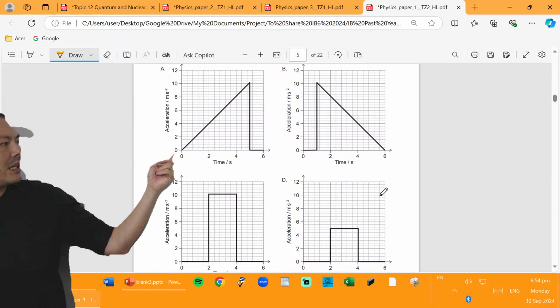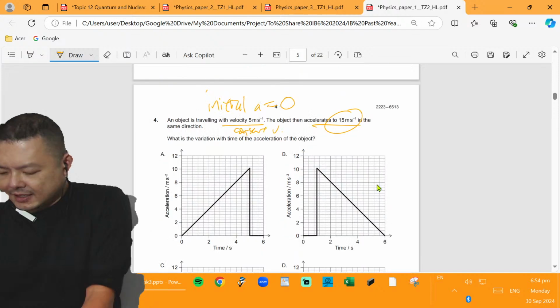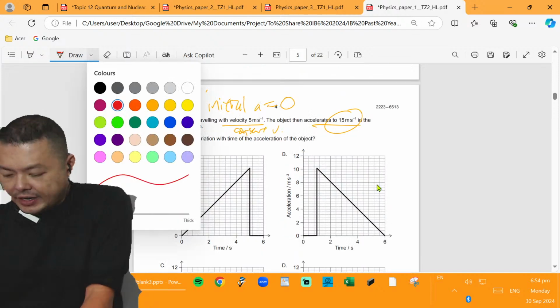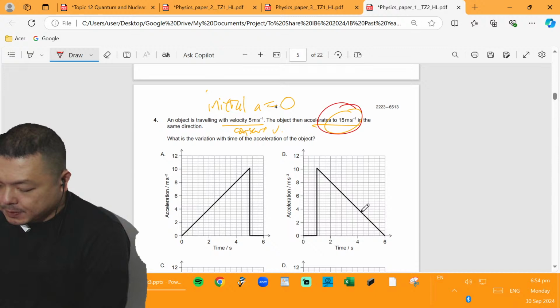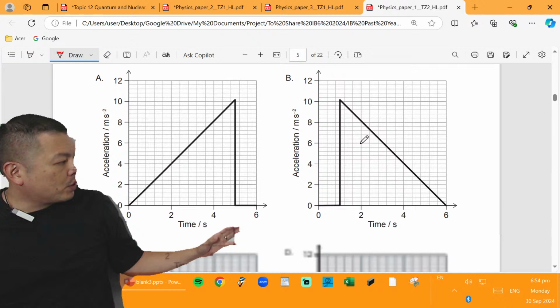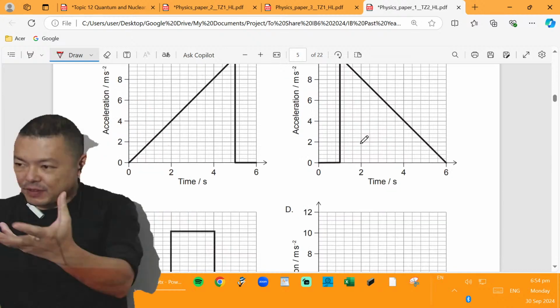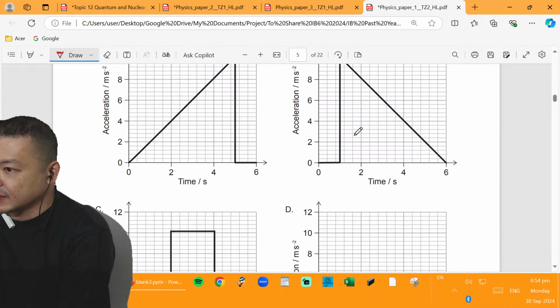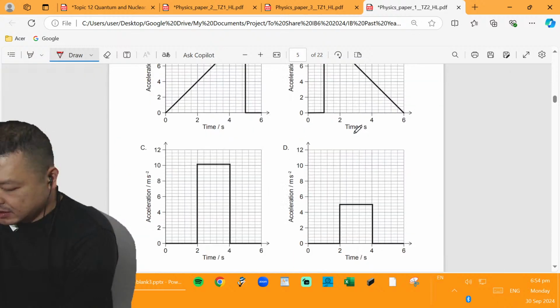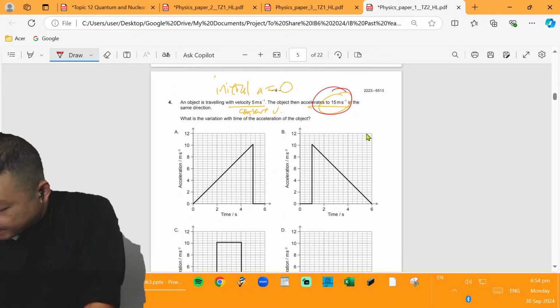Okay? So your job is to understand that when your object accelerates to 15 meters per second, you have to look for one of the graphs where the area is equal to 15. Oh, sorry, yeah. From 5 to 15, the area is equal to 10 meters per second.